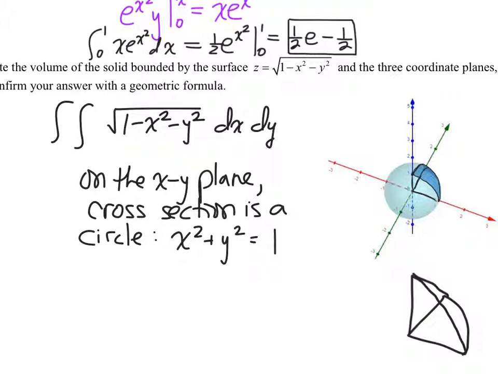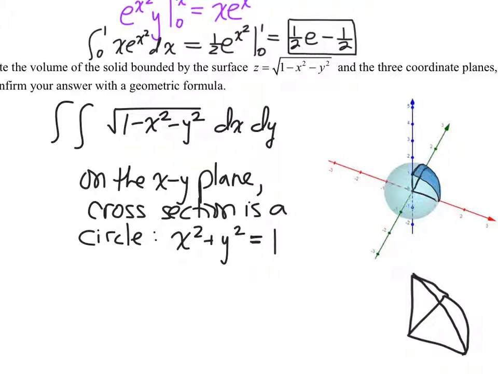The reason I know that is because this sphere is centered around the origin. If you really want to do this the right way, you plug in a 0 for z, which puts you on the xy plane, and simplify and solve. But that's a roundabout way when you could just use common sense.